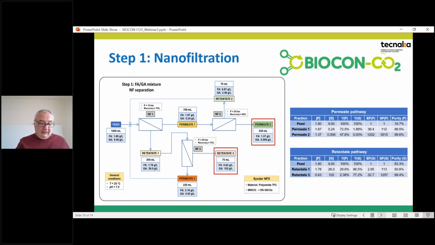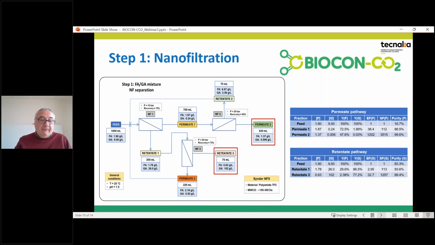The first one involves the successive nanofiltration of the feed, nanofiltration 1, and the permeate 1, nanofiltration 2, to obtain permeate 2, and accordingly can be named permeate pathway. The second one, in turn, involves the successive nanofiltration again of the feed, nanofiltration 1, and the retentate 1, nanofiltration 3, to obtain retentate 3, and accordingly can be named retentate pathway.